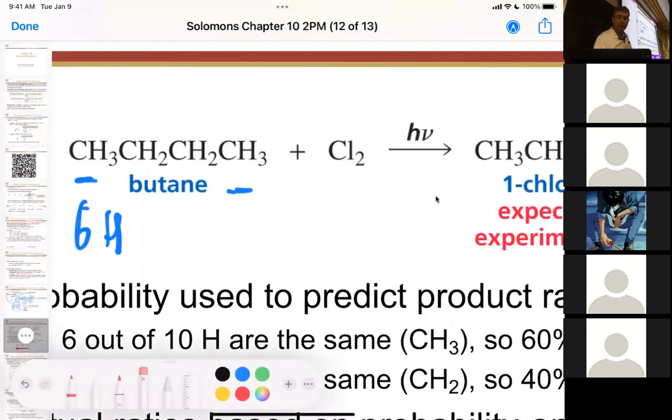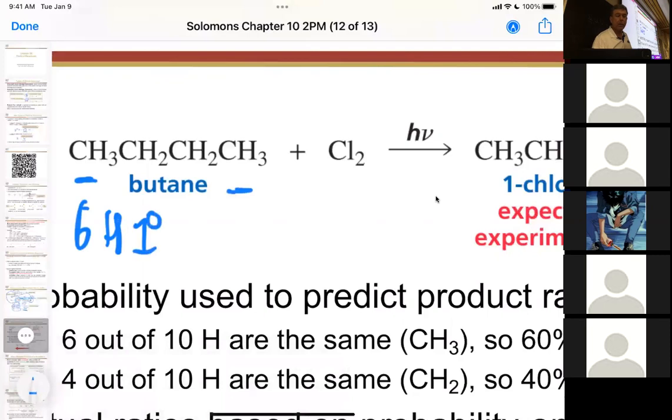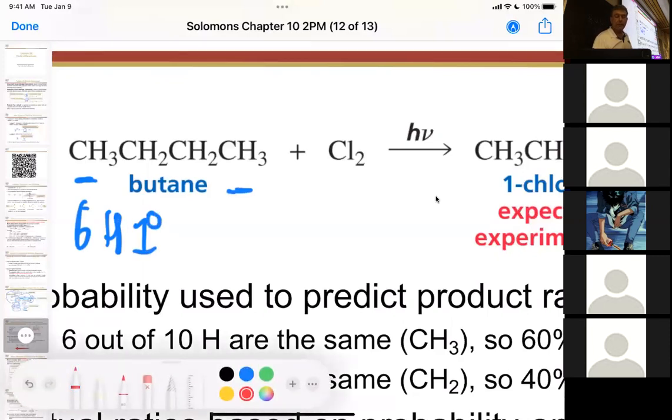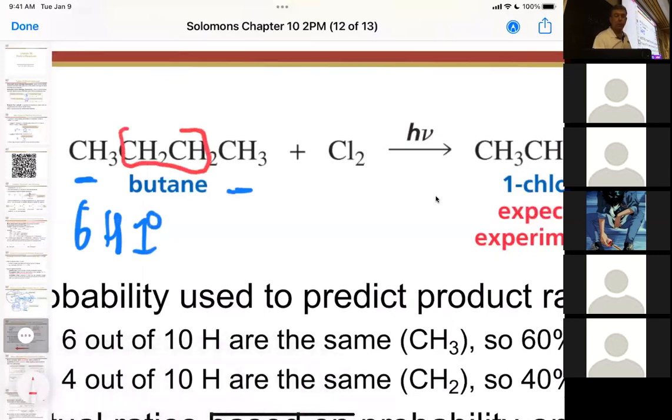Let me call those primary hydrogens. And we have 1, 2, 3, 4 secondary hydrogens.